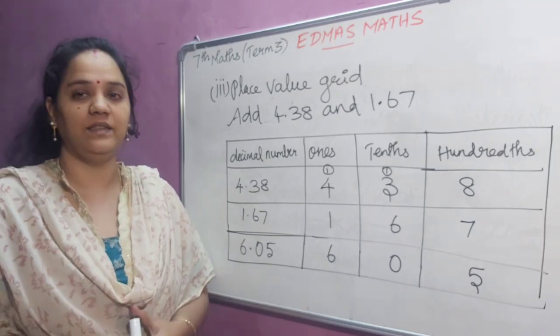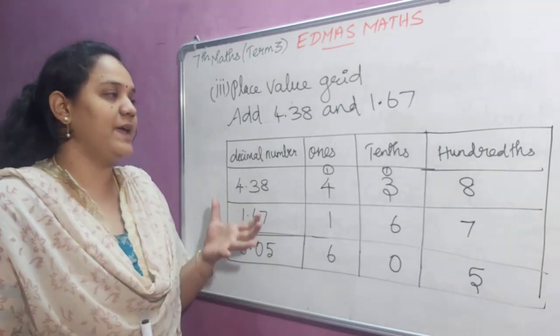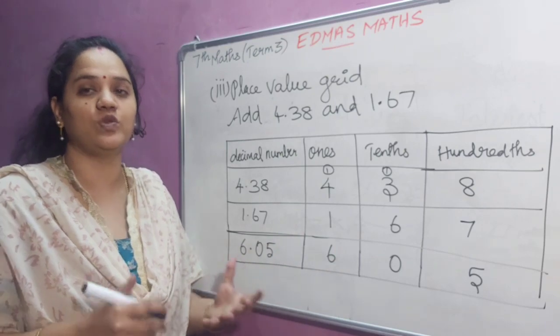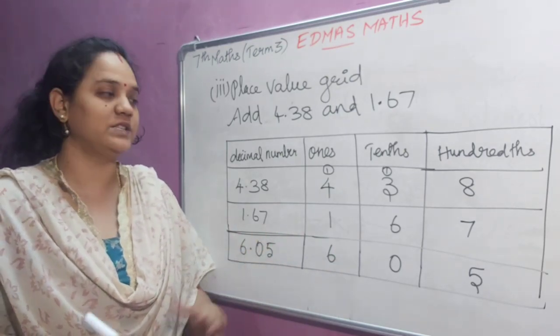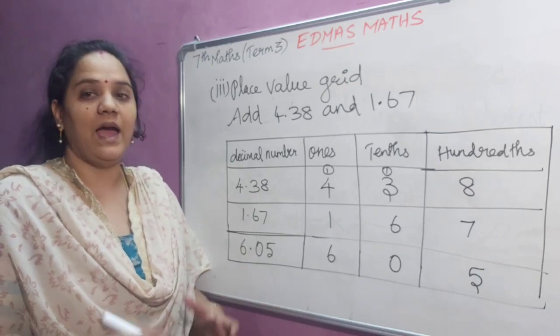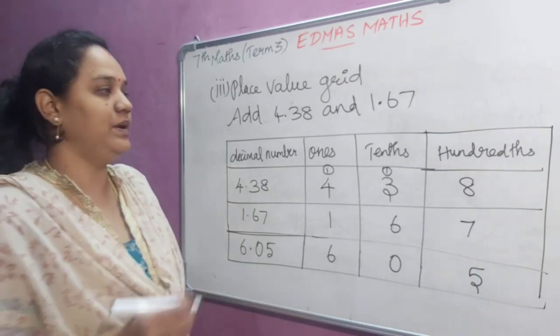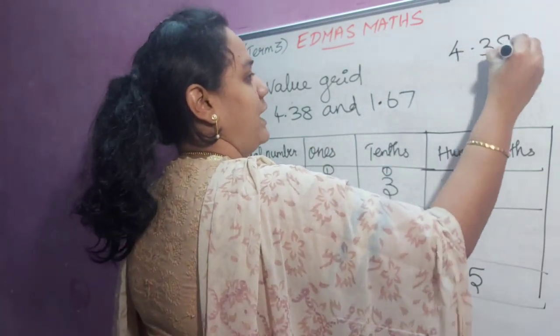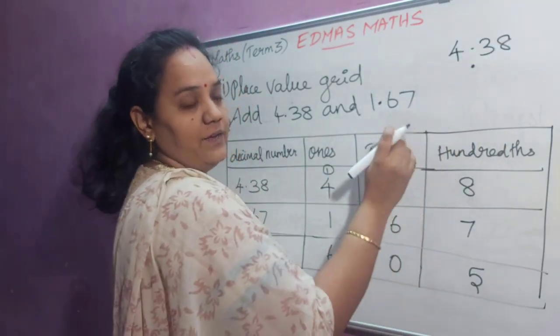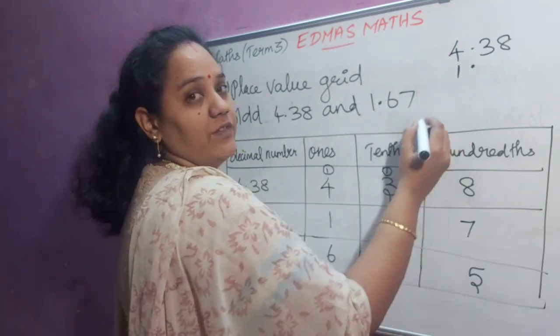Okay, we can add the decimals by using place value grid method. This is the usual method we are following. So here we have drawn the tabular column. So instead of tabular column, we will be adding the numbers directly. For example, if I am adding these two numbers directly, I write 4.38 and I have to place the point here for the second number and 1 I have to write here.